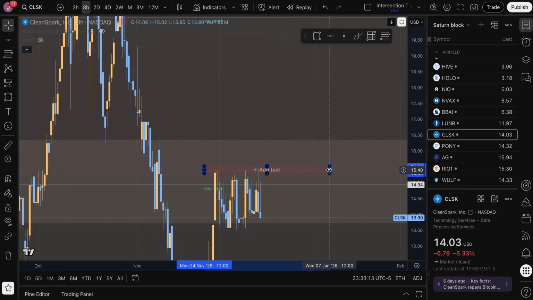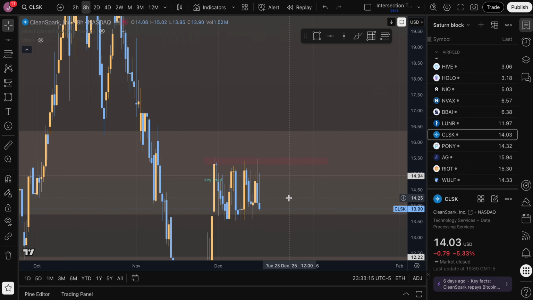This is a little more impromptu. 1, 2, 3, 4, 5, 6, 7, 8. So yeah, this is basically the zone I should really be looking at.